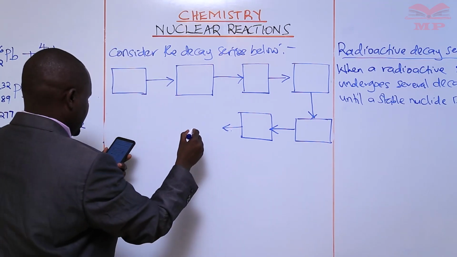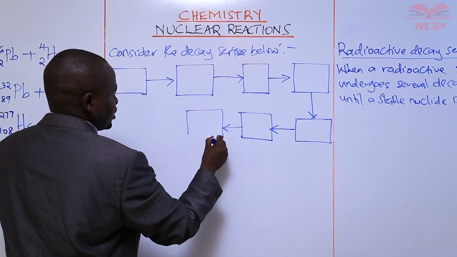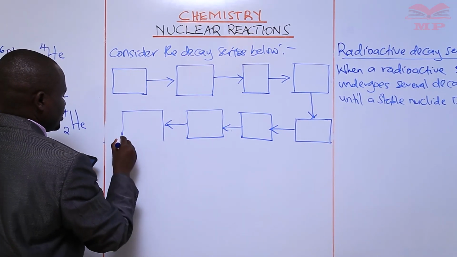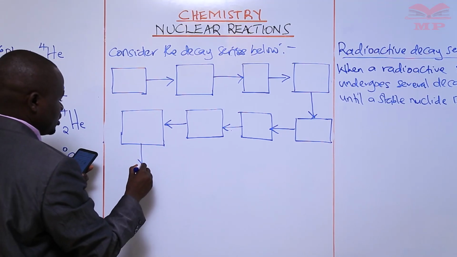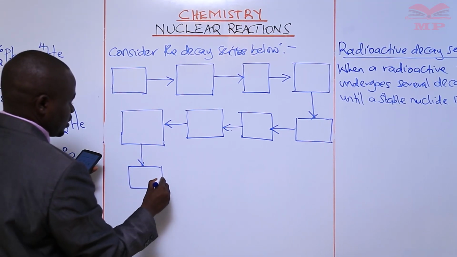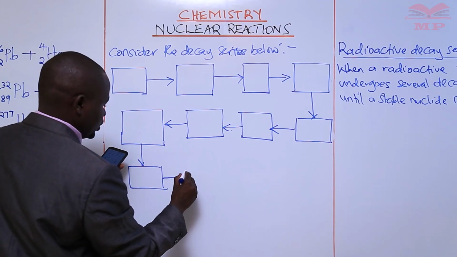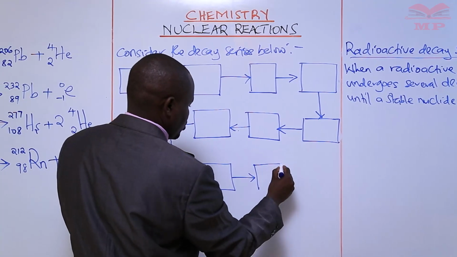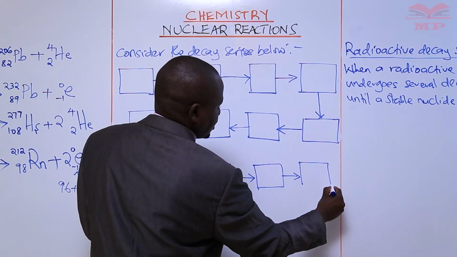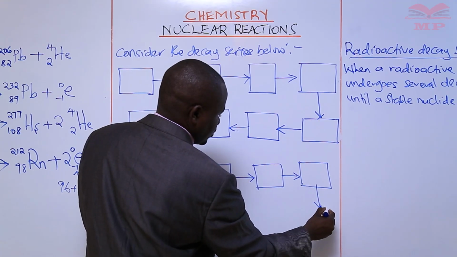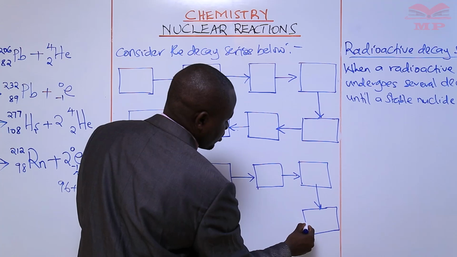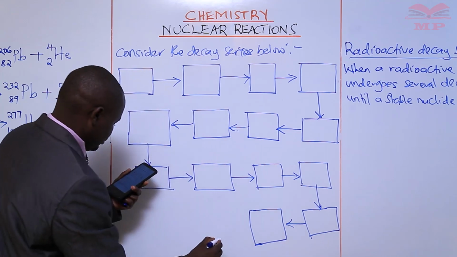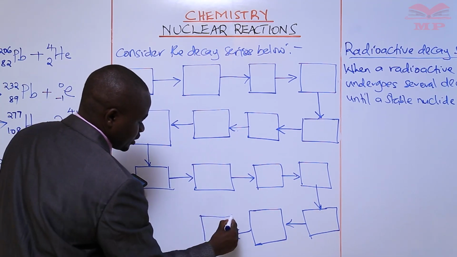So my dear candidate, I want us to be able to identify the particles which are emitted in every single step of this decay series, so that you should be able to balance in terms of mass number of the new nuclide and atomic number.